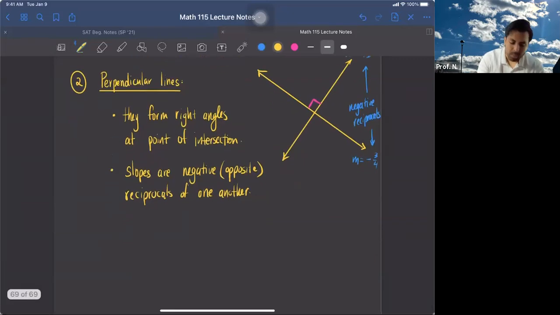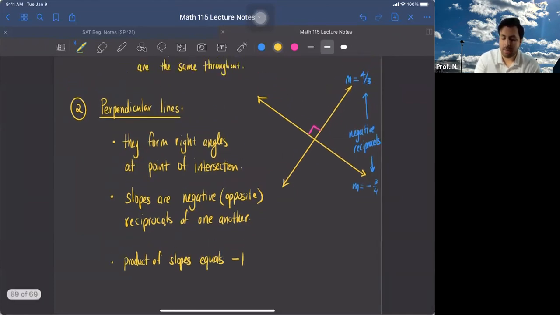Okay. And the one thing associated with the slopes is that the product of slopes equals -1. And why is that? It's because the slopes are negative or opposite reciprocals of one another. If you take -3/4, for example, and multiply it by 4/3, the result will be -1.